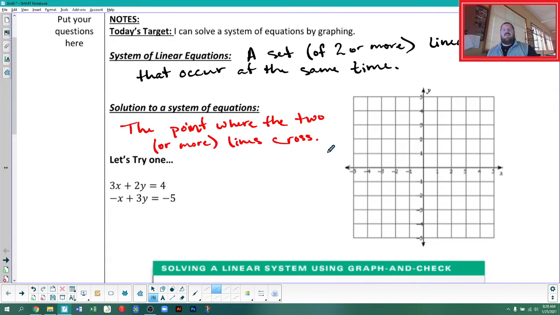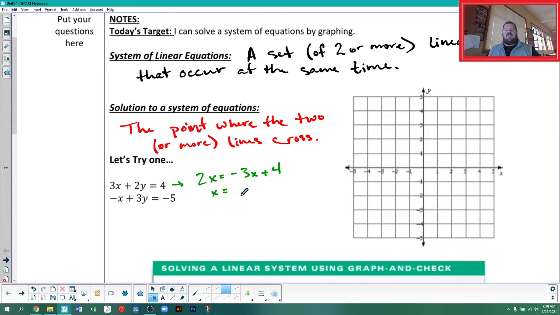Now, I have one for us to try here and to do it via graphing. The only issue with it is that neither of these are very nice equations. So I'm going to go ahead and put them into slope-intercept form. I'm going to subtract the 3x, and I'm going to divide by 2.